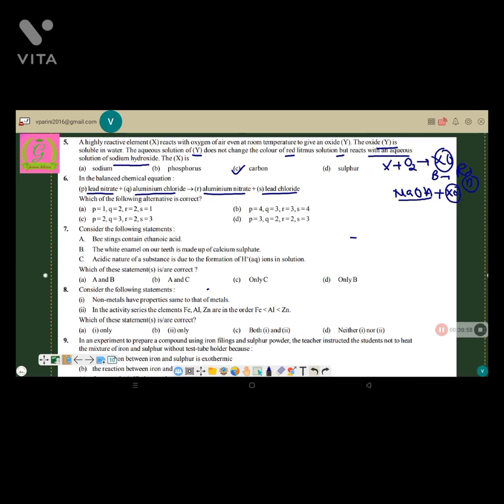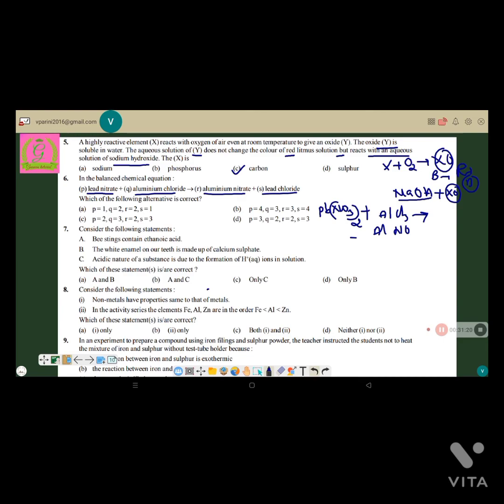Lead nitrate formula is Pb(NO3)2. So Pb(NO3)2 plus aluminum chloride, AlCl3, gives rise to aluminum nitrate, Al(NO3)3, plus lead chloride, PbCl2.